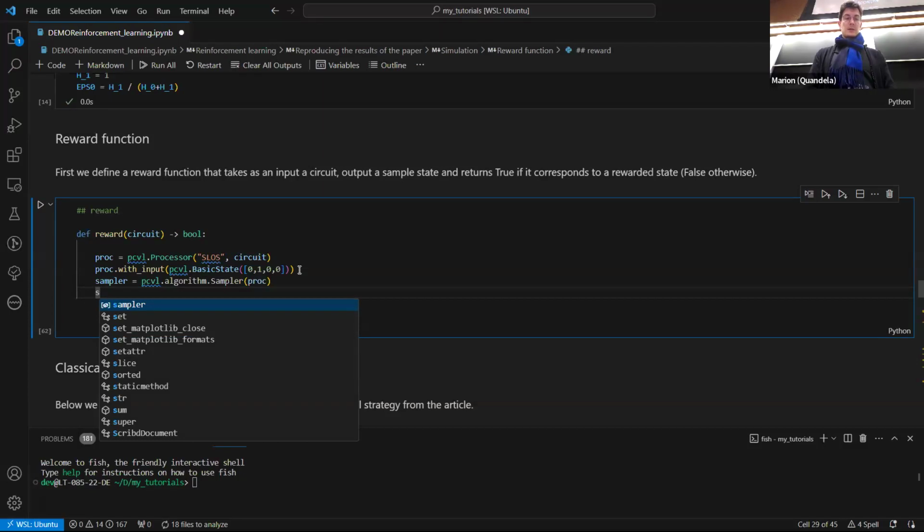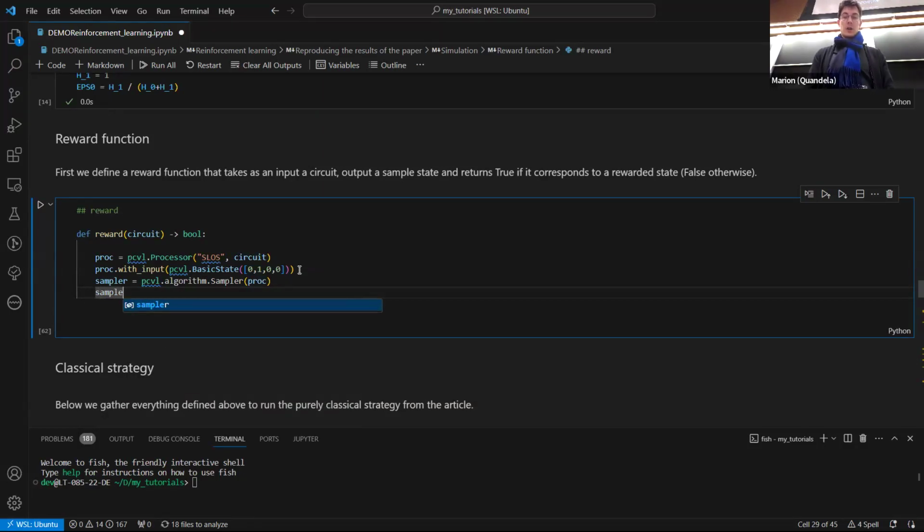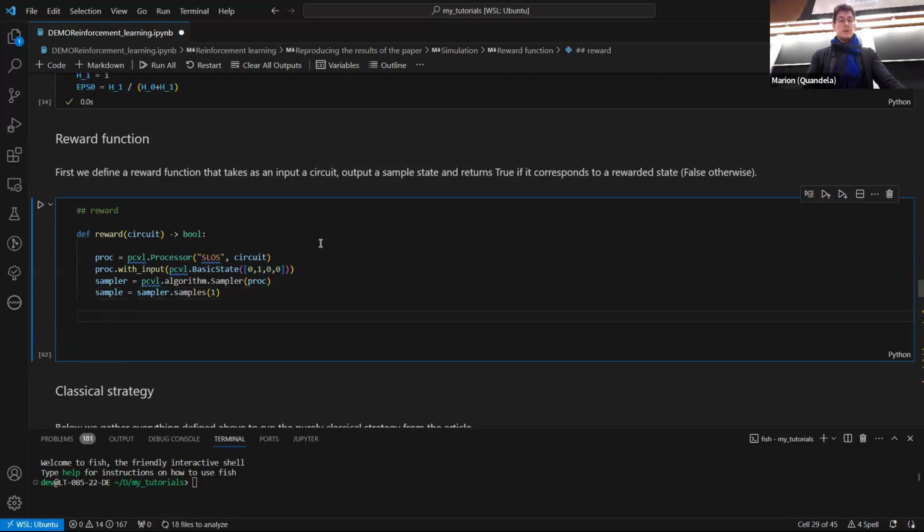So this is the sampler, and then we are going to output one sample. And we are going to ask for a number of samples, which is here going to be just one, because we want to run it for one instance. So here, Slos is a bit overkill for it because you're only asking for one sample and you're computing the entire probability distribution at the end, but you could use another backend like Clifford and Clifford, like you have a lot of different backends that you can find on the Perceval documentation.